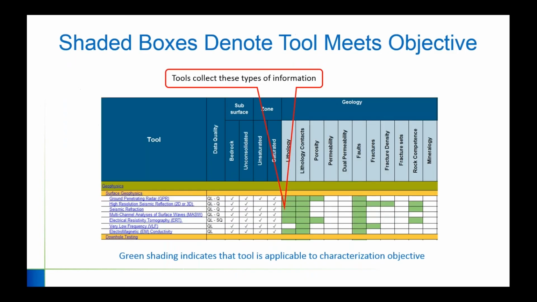Once you come up with a set of searches, you hit the search button, and if you get a green box in that tool, then it means that tool provides that kind of data. So that's how this is intended to work.